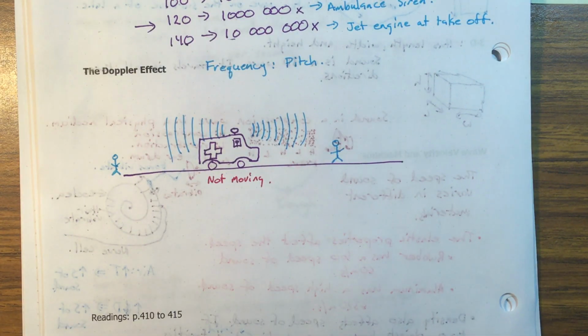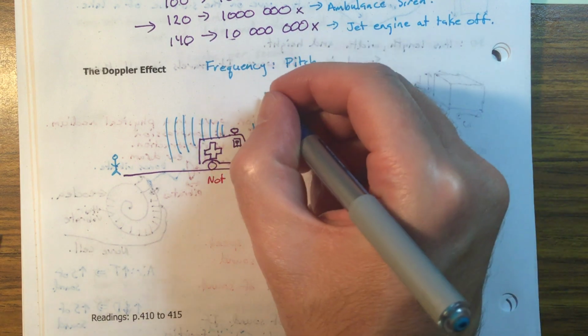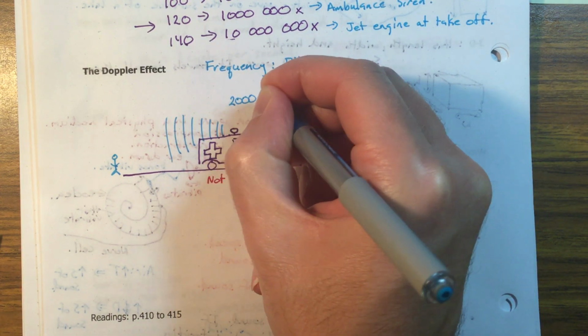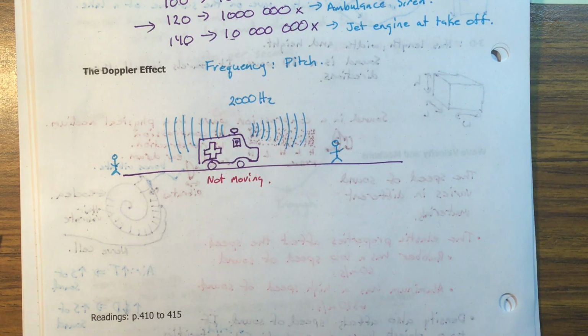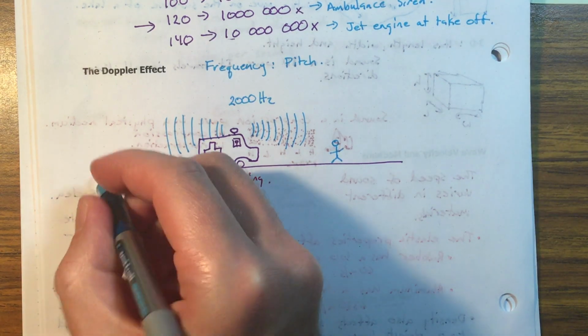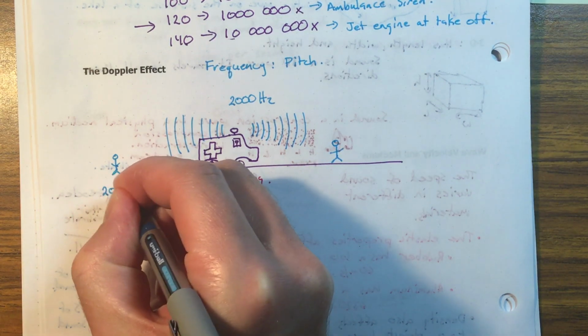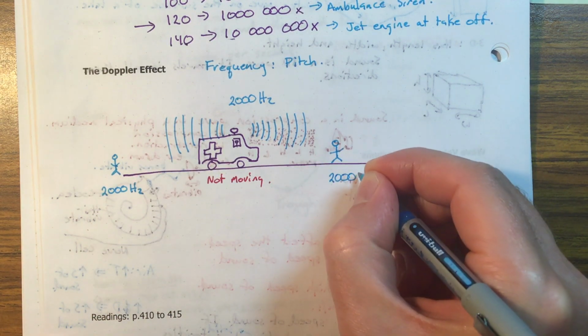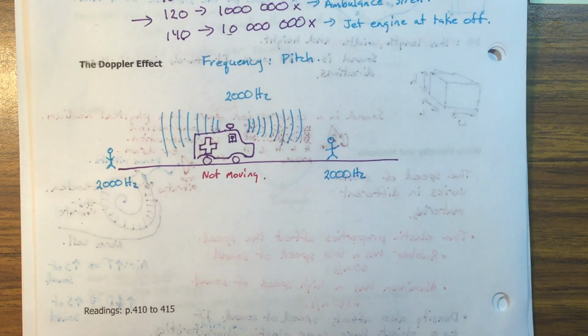Now let's say that frequency is 2,000 hertz. You can get a tone generator and figure out what that means. This guy over here will hear a 2,000 hertz sound, and this guy over here will hear a 2,000 hertz sound. So that's with the ambulance not moving.